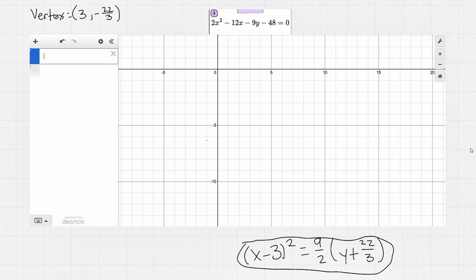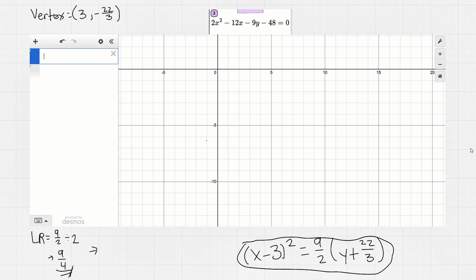This is our vertex. And in our standard equation, we can already see our latus rectum, 9 over 2. Let's solve for latus rectum. We have 9 over 2. We're going to divide it by 2. So it will be 9 over 4. This is our latus rectum.